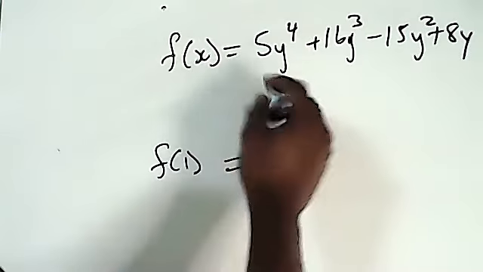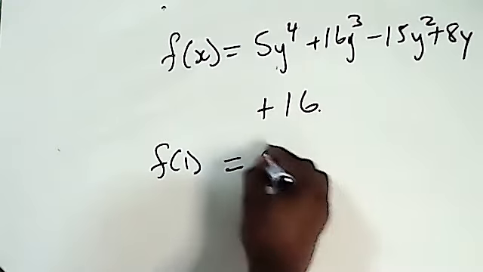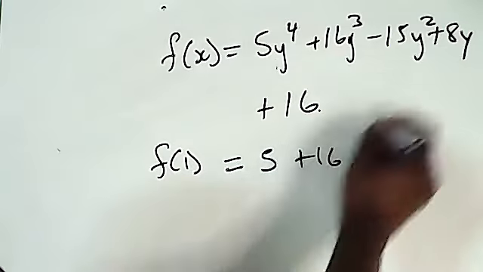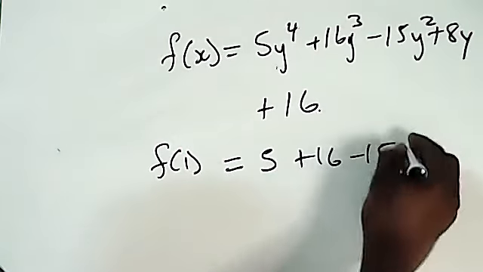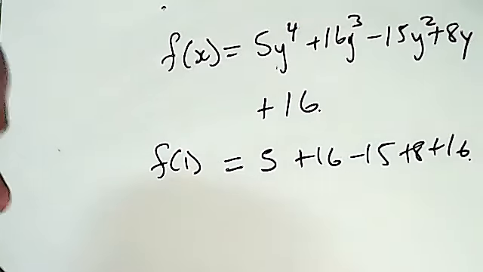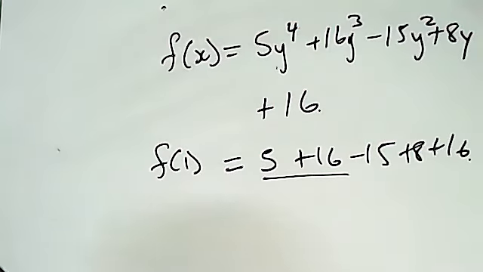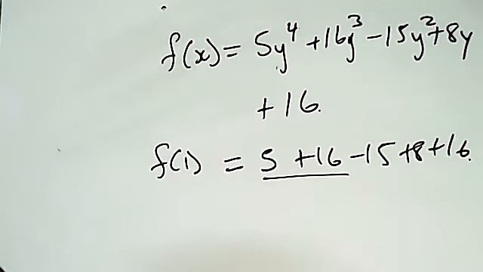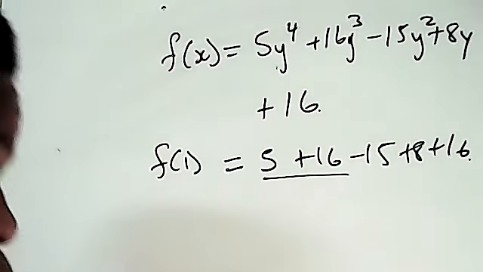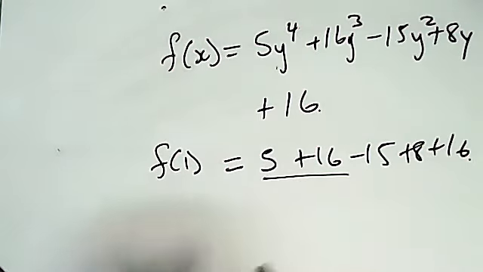y to the power of anything is 1. So that would be 5, this would be 16. Where you see y, you substitute with 1. So that would be minus 15 plus 8 plus 16. So 5 plus 16 gives you 21. 21 minus 15 gives you 6. 6 plus 8 gives you 14. 14 plus 16 gives you 30.